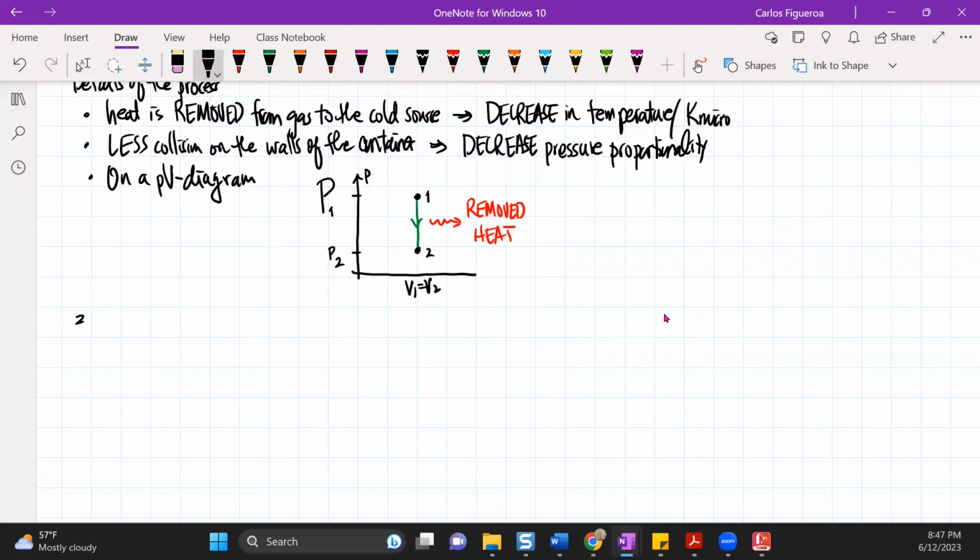Finally, we're at our last process. This is an isothermal, which is a constant temperature process.